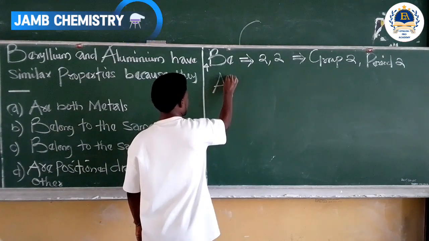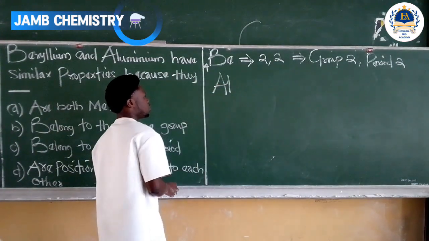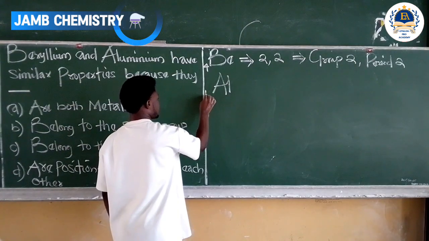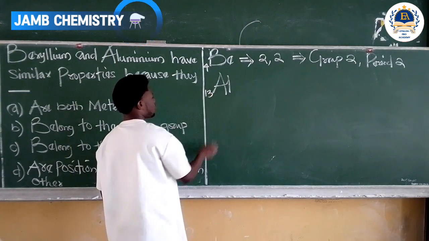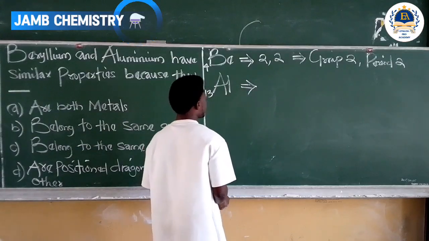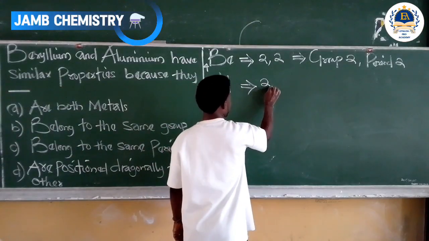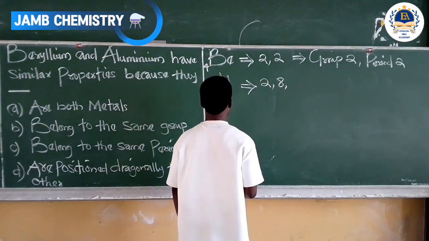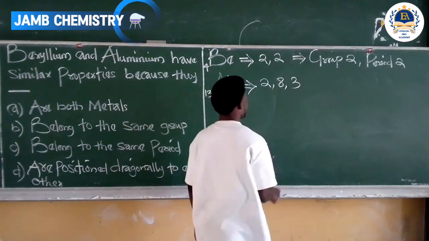Aluminium, its symbol is Al, and it has an atomic number of 13. The electronic configuration of aluminium is 2, 8, and 3.